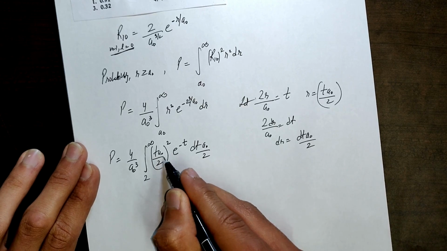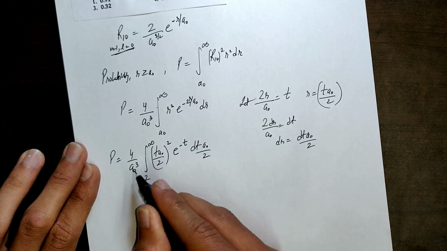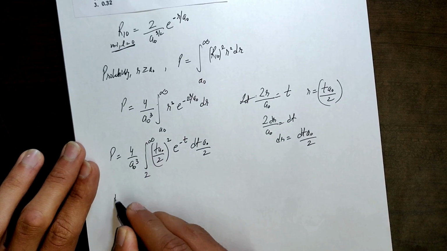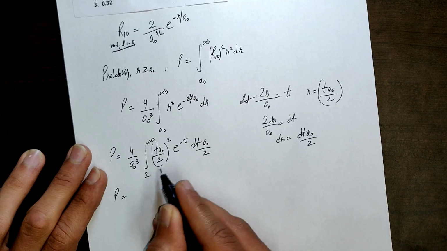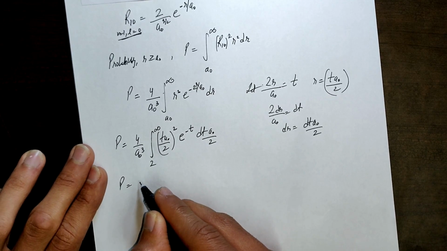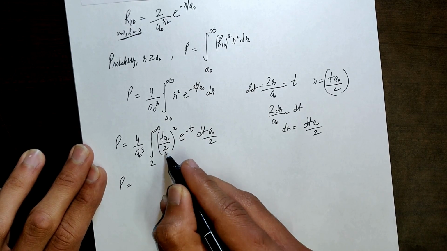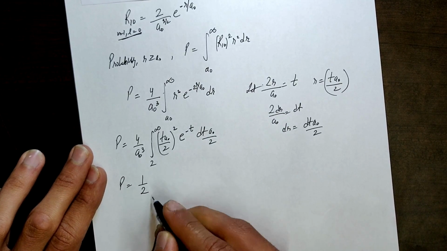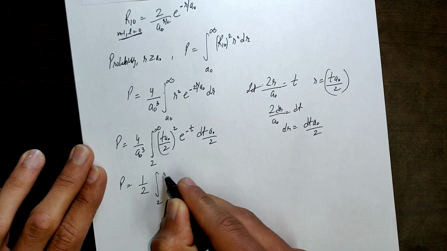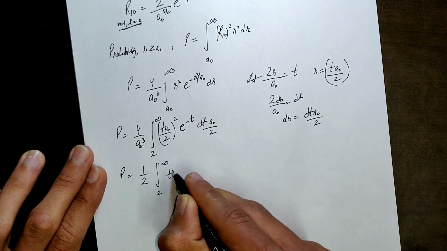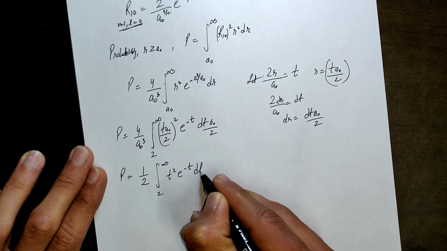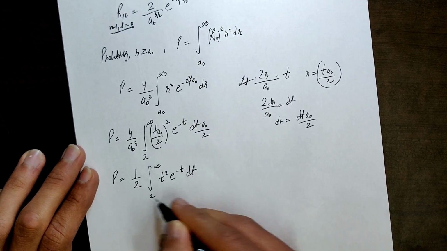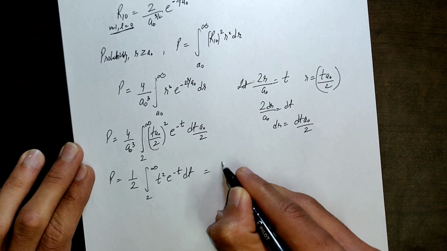We can take a naught by 2 outside the integral, so this would be 4, and that would come out to be half integral from 2 to infinity t square e raised to power minus t dt. Again, we have to just solve this integral, so this would come out to be half.